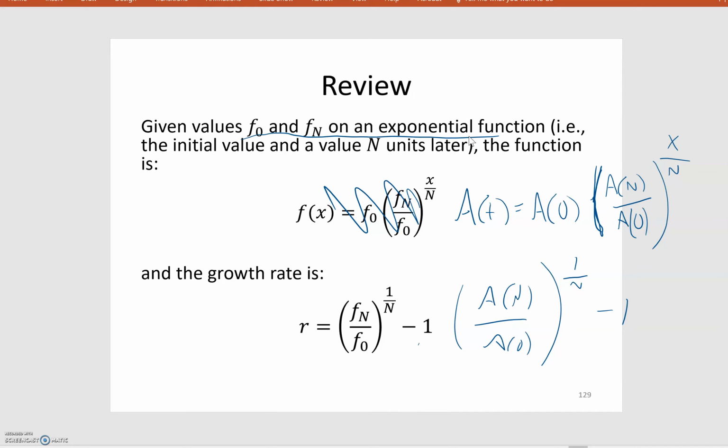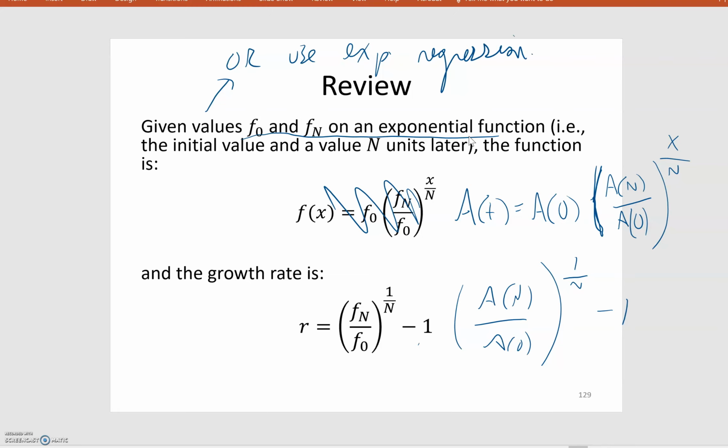Now, having said all of this, I want to point out that it's probably better and faster in these sorts of problems to use exponential regression than to use these formulas. So whenever you're given 2 points, you pretty much can always use exponential regression.